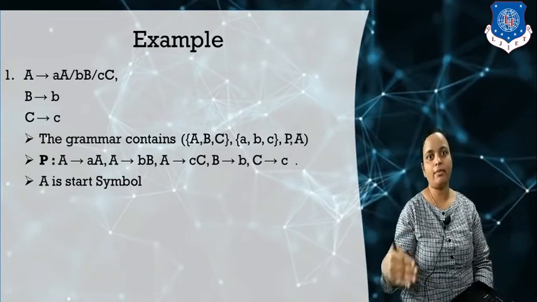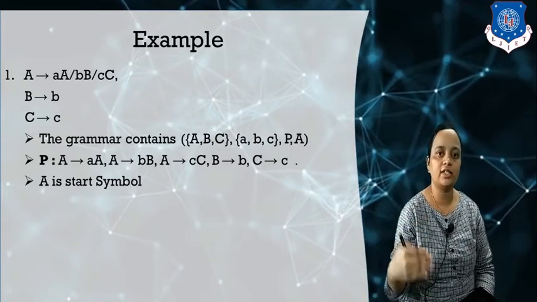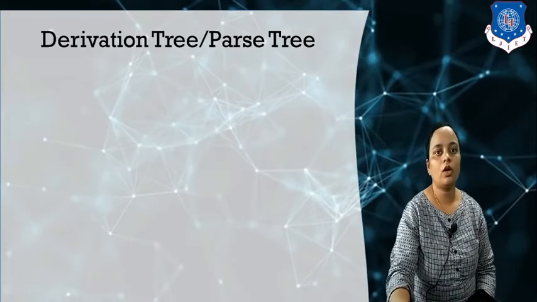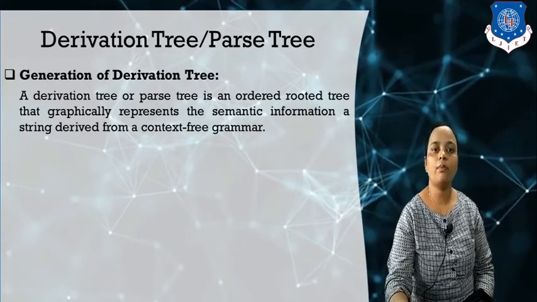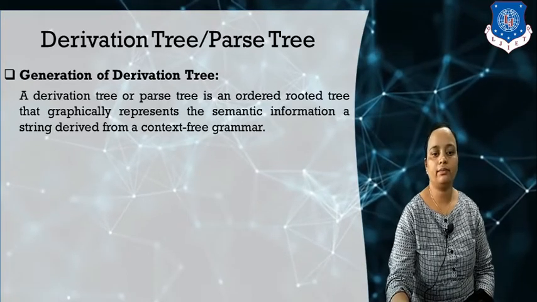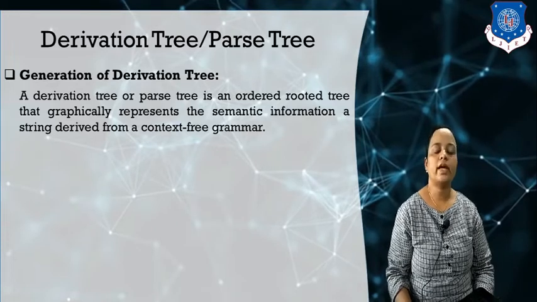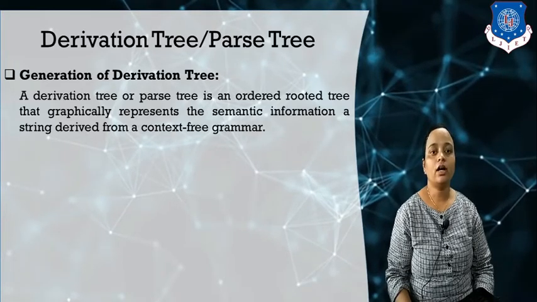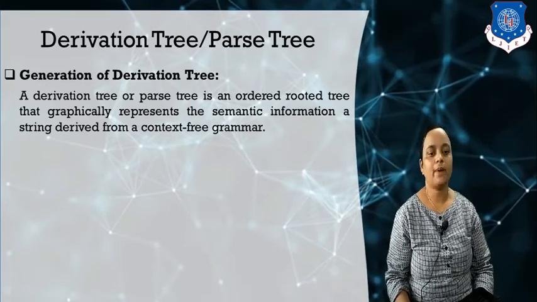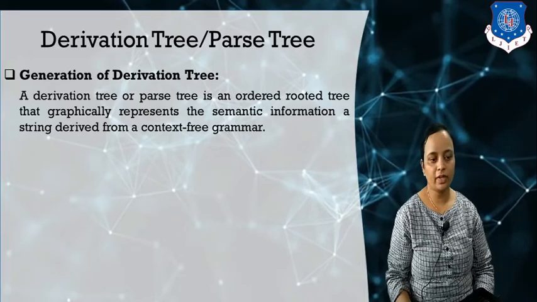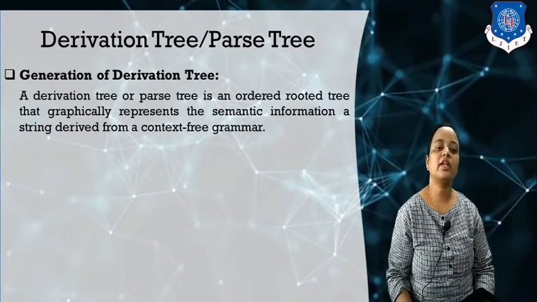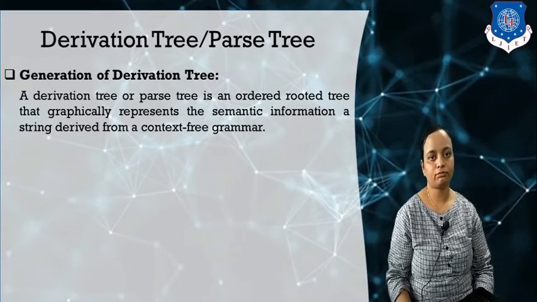So in this grammar, we can say that capital A is the start symbol. Now next is derivation tree. So what is a derivation tree? A derivation tree, also called a parse tree, is an ordered tree that graphically represents the semantic information of a string derived from a context-free grammar.